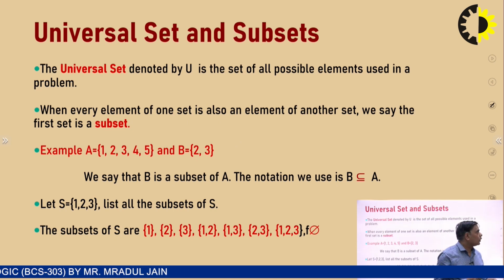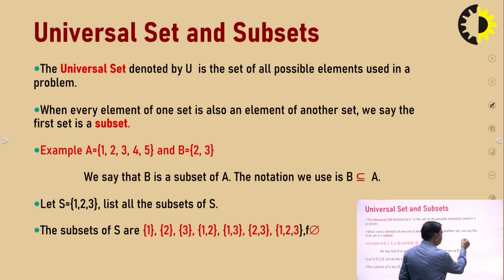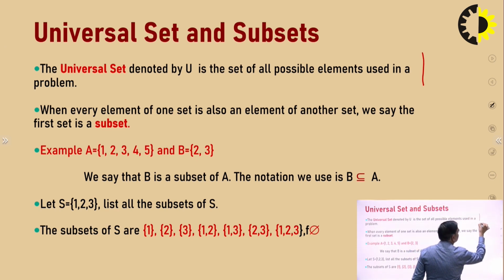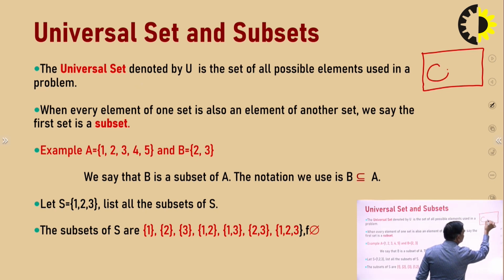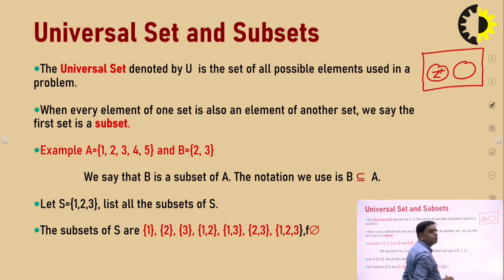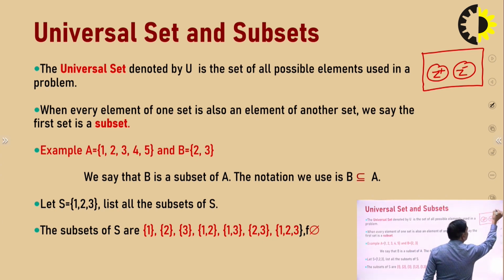Suppose I am talking about a set of integers. So this is the set of positive integers, and this is the set of negative integers, and the universal set contains all the integers.